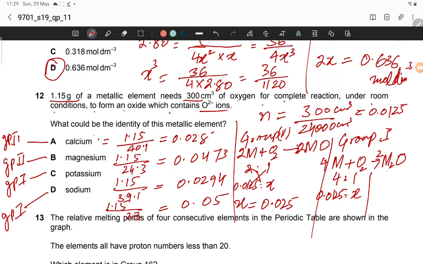So x is equal to 0.05. So this is sodium, because this mole and this mole are equal, so it will be sodium.